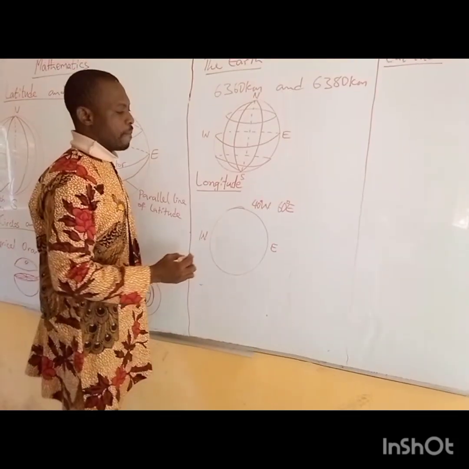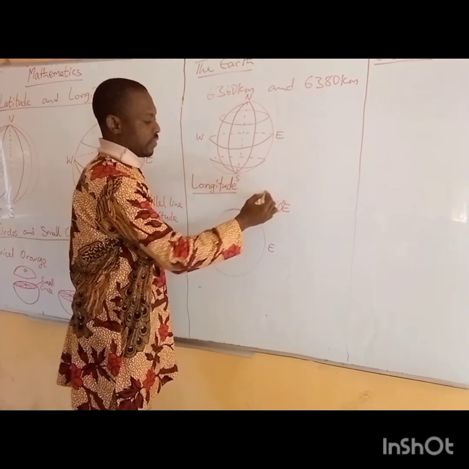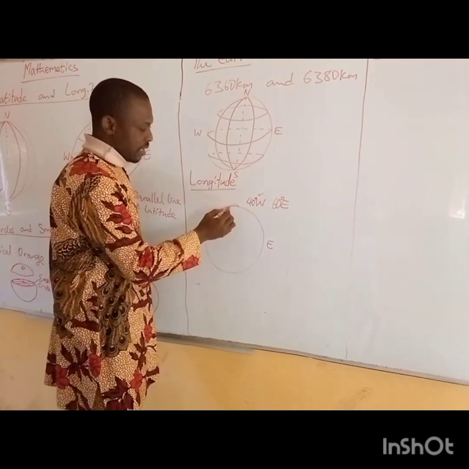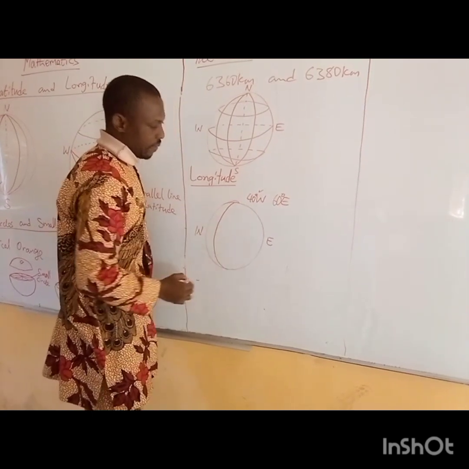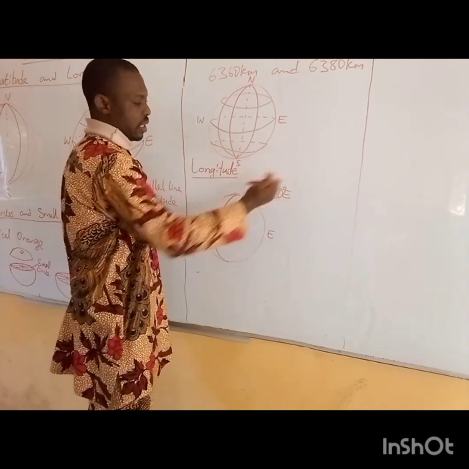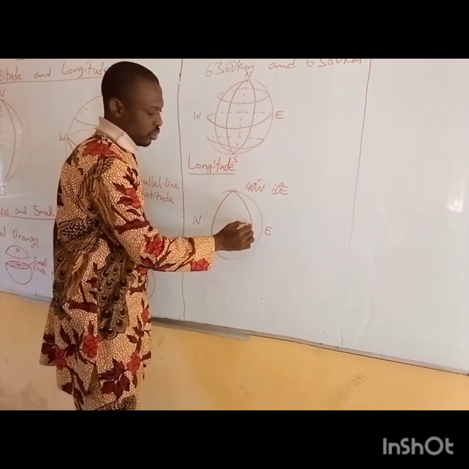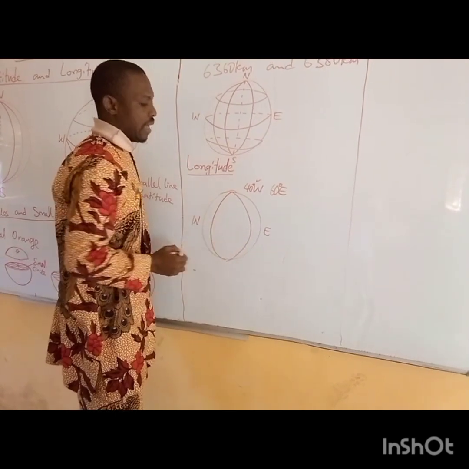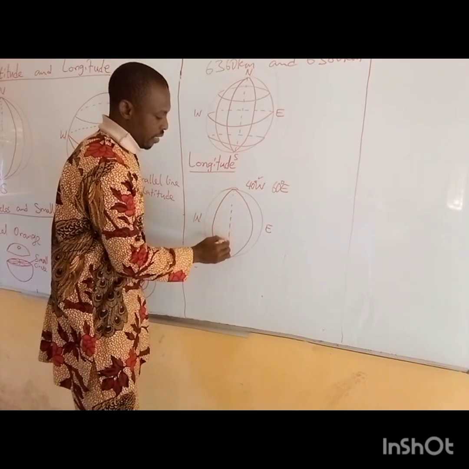So every time you see 40° west, for instance, it is a longitude that passes through the west. And if you see 60° east, for instance, it is a longitude that passes through the east part of the earth.